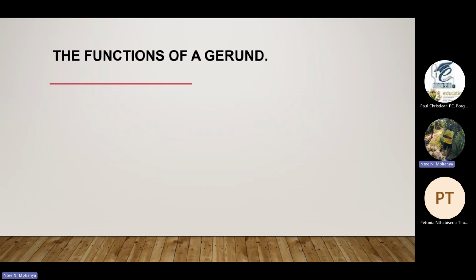You will never confuse them if you know how they are used in a sentence and you are able to see that difference. A gerund can act in a sentence in the same way as any other noun. Once the verb adds the suffix ing, it is now a noun. It's no more a verb.